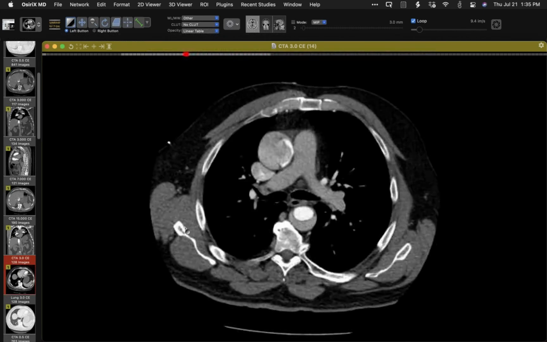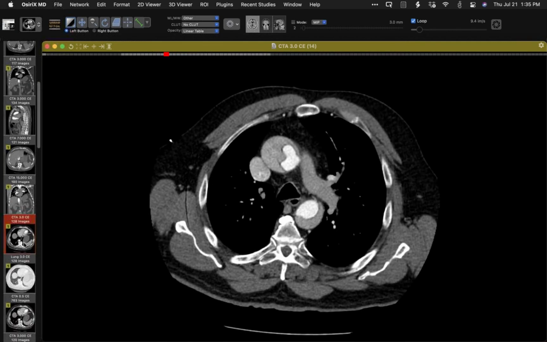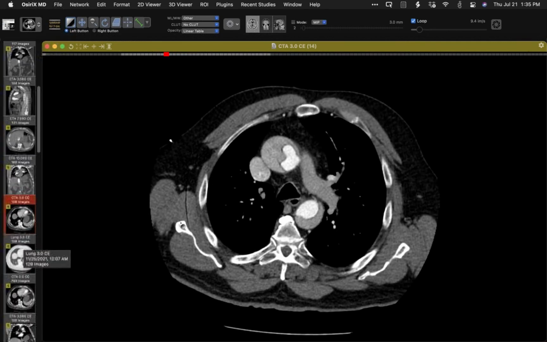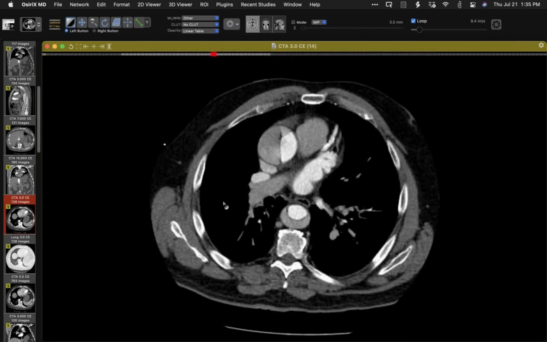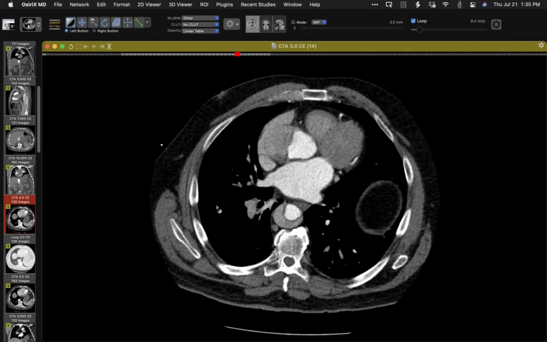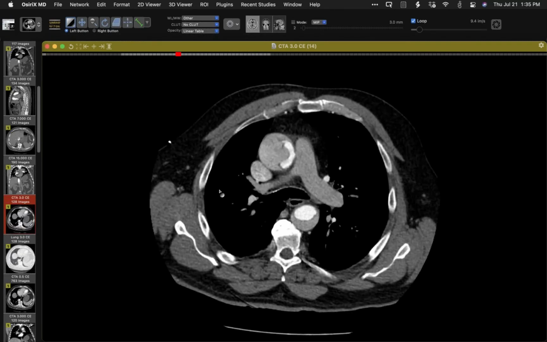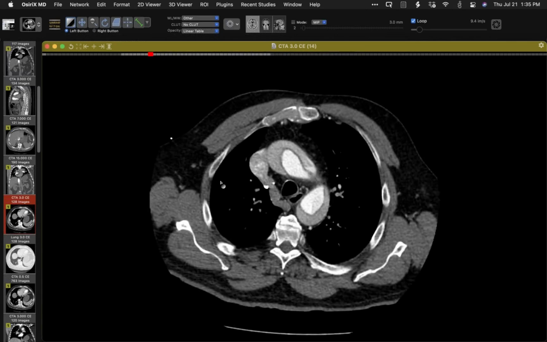So the patient went to surgery here. I will summarize that by saying they replaced the aortic root with a composite device, did an ascending aorta replacement and a hemi-arch.